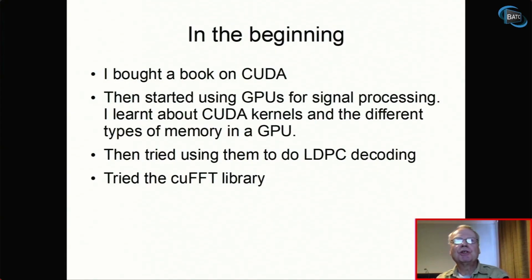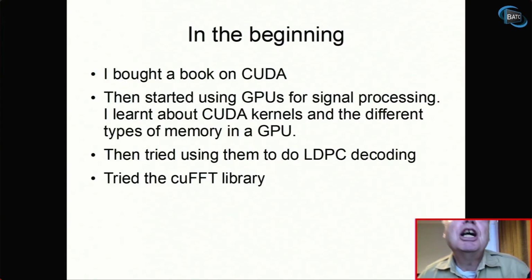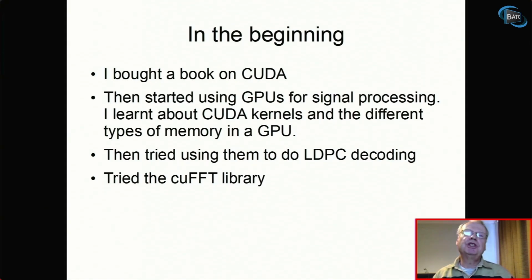The latest versions of CUDA have managed memory, and it does it for you. When you want to use some memory on the GPU, it knows that it needs to transfer it from the CPU and does it transparently. But actually, to do artificial intelligence these days, you don't need to do any of that stuff.